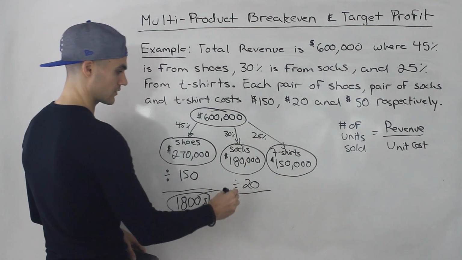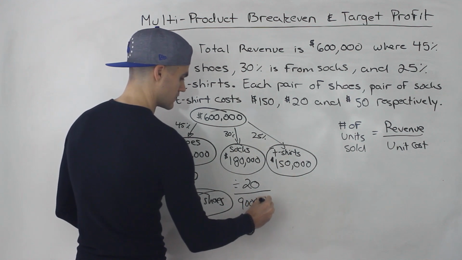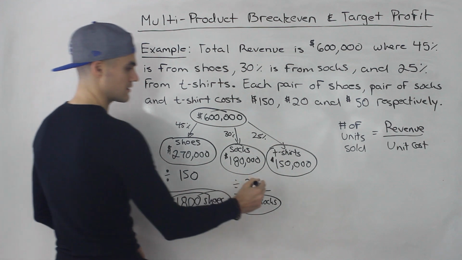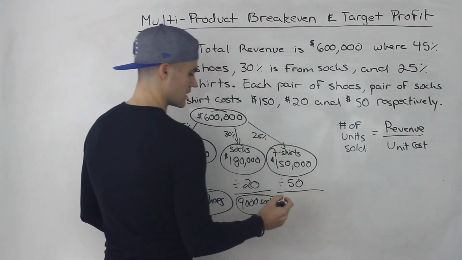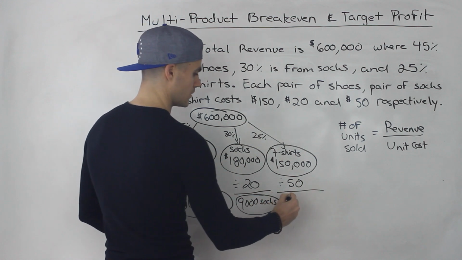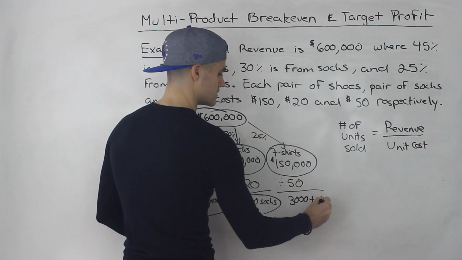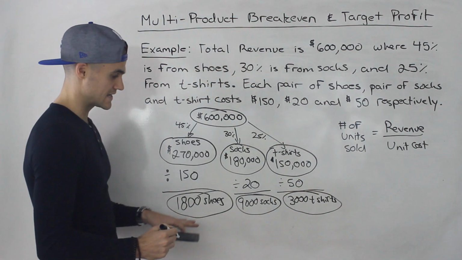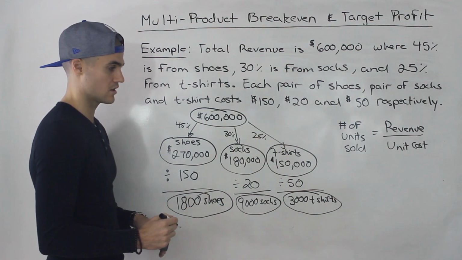So when we do this calculation, we would get 9,000 socks. Then this here, divided by 50, we would get 3,000 t-shirts.